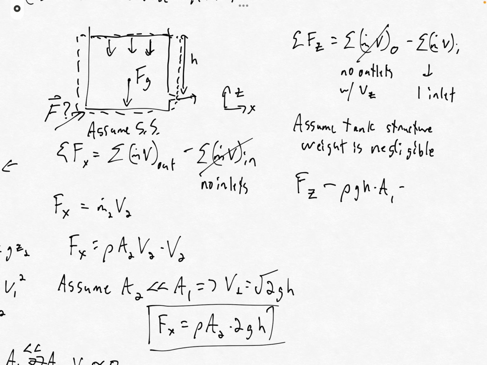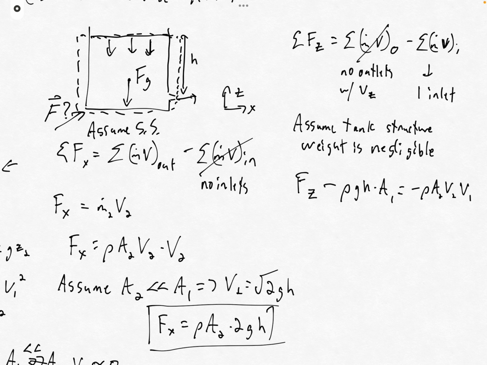And this is going to be equal to minus, because we're considering one inlet, m dot times V1. M dot you can write out as, for example, rho times A2 V2. M dot 1 is equal to m dot 2. And now this is multiplied by V1.